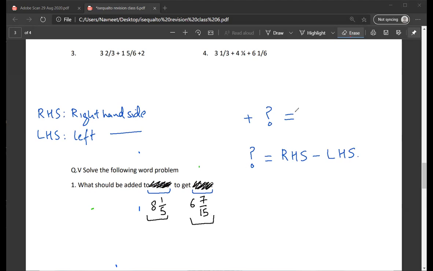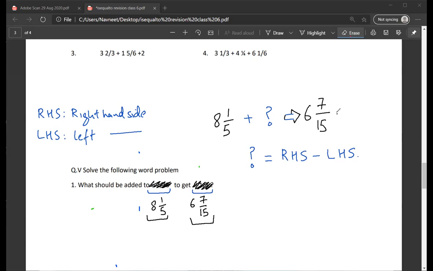Then my equation would be, Mr. Sarthak, what should be added to 8 1 by 5 to get 6 7 by 15? Mr. Sarthak, is there a doubt? No, sir.